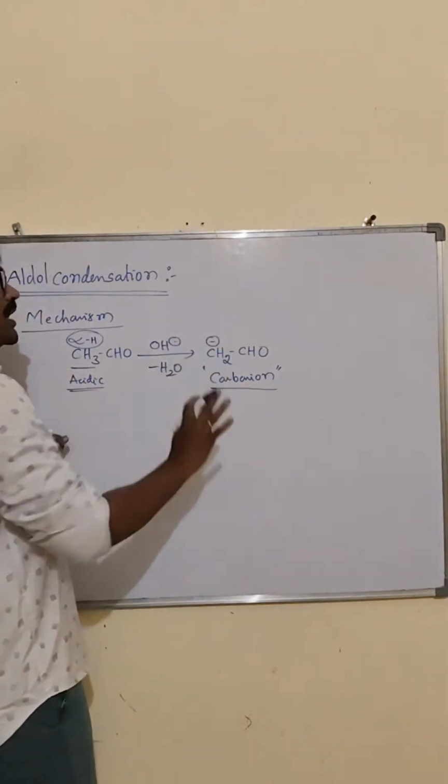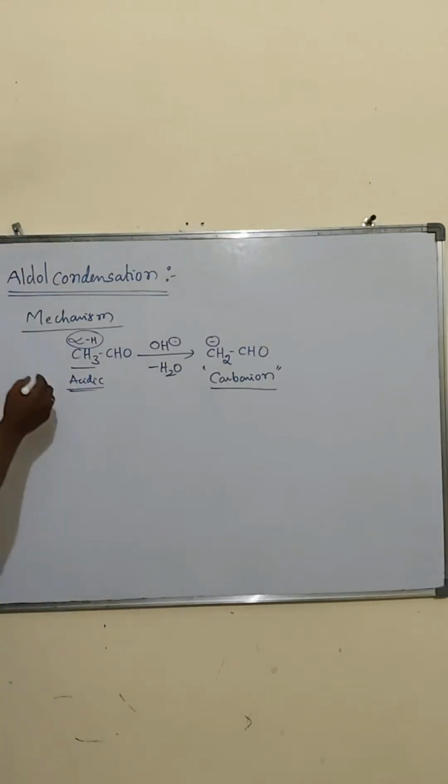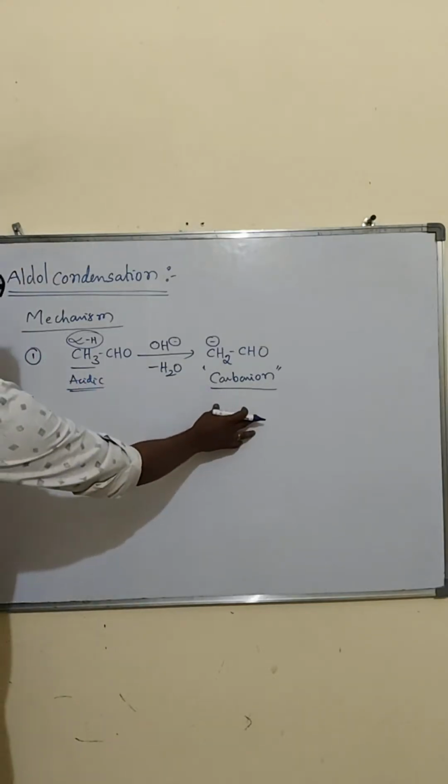The carbon has a negative charge, so that is what we call a carbanion. So in the first step, the carbanion is formed.